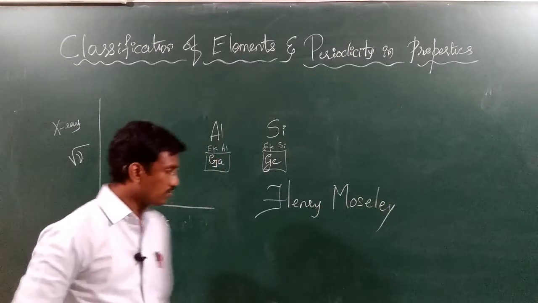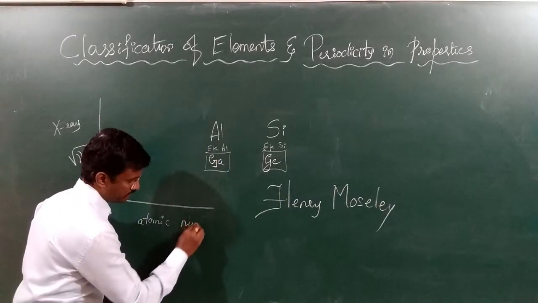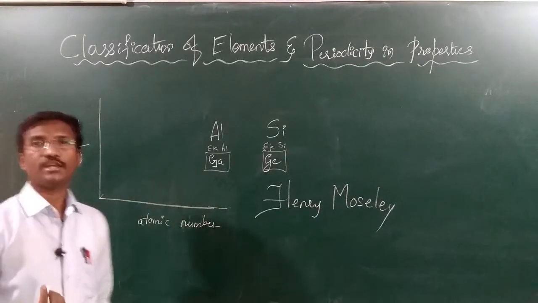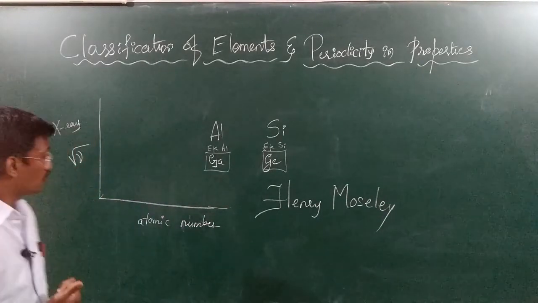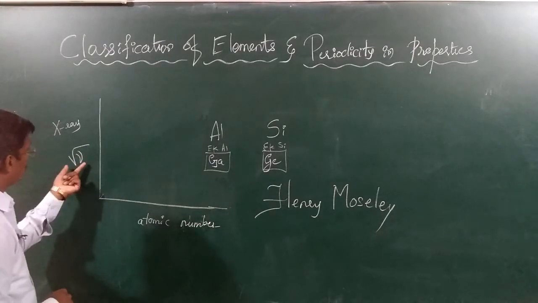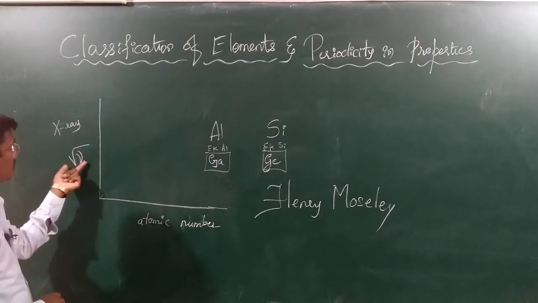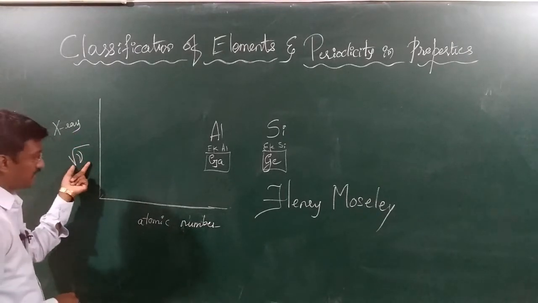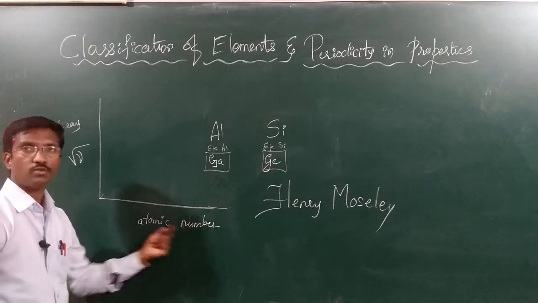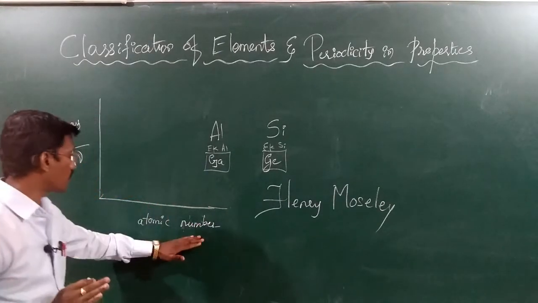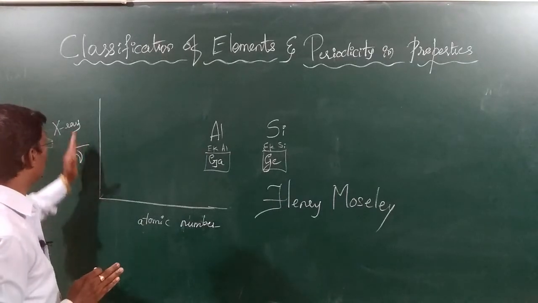Right now we are using the modern periodic table, which is based on atomic number. So what Henry Moseley did is he plotted a graph of the square root of the frequency of X-ray versus atomic number. On one side he took the atomic number, and on the other side the frequency of X-ray.